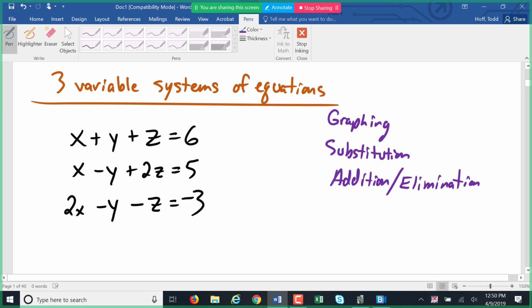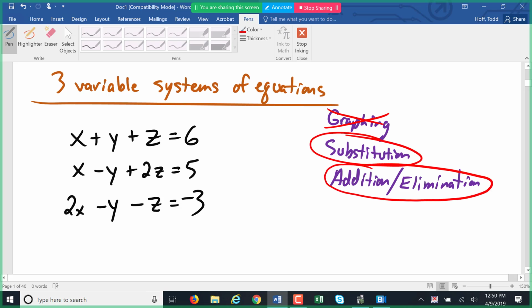Graphing would work if we had some way of graphing them exact enough so that we could find out what that solution was. But unfortunately, we don't. Without using technology to graph, we don't have a precise way of graphing. So graphing's out of the question. Substitution, however, works great, and the addition or elimination method works great. And so those are the two methods we're going to focus on today.